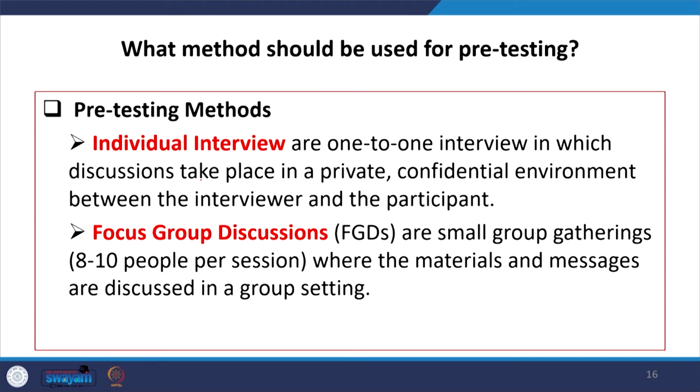Then the second one is your FGDs, which I have already discussed in the previous lecture. An FGD consists of a small group of around 8 to 10 people. At that time I suggested 6 to 10 people. Now you can correct this: it might be 8 or 10, it should be within 10, where the materials and messages are discussed in a group setting.